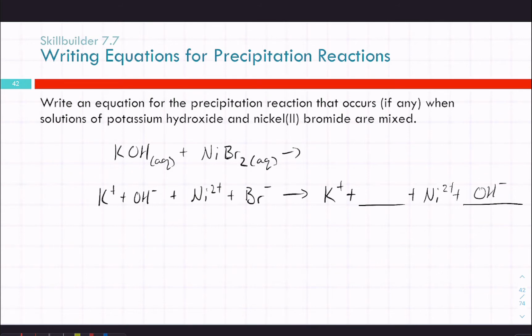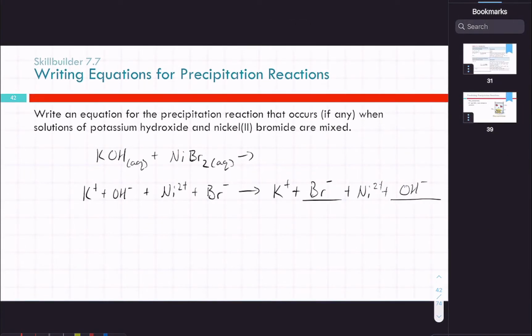So nickel hydroxide, and because we had bromine paired with nickel on the reactants, bromine will now be with potassium in the products. And then we can go check solubility rules.